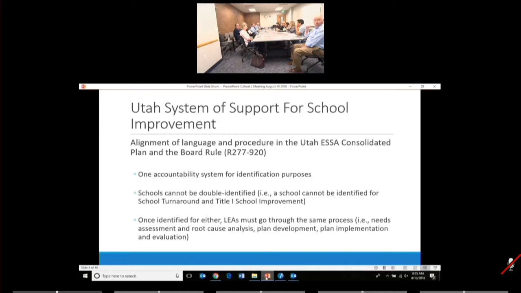So once a school is identified for either state school turnaround or Title I school improvement, the process will be the same. There will be a needs assessment, there will be a root cause analysis, a plan development, plan implementation, evaluation of progress, adjusting course, and then we start all over again. It's that cycle. Everybody really, this is probably not new news.